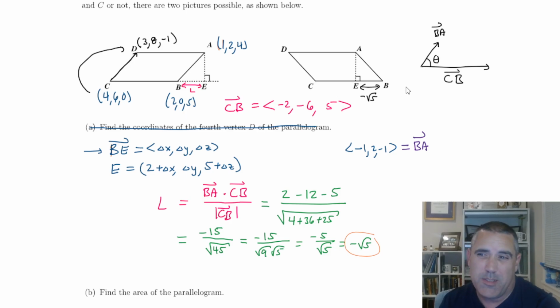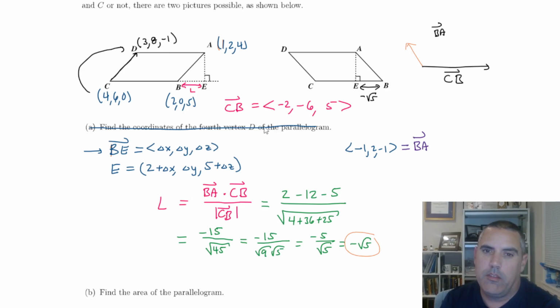If the dot product is positive, it's an acute angle. And if the dot product is negative, it's an obtuse angle. So the fact that the dot product was negative tells me this is not the right picture. It should be more than 90 degrees. So that's the other reason I know it's that picture.